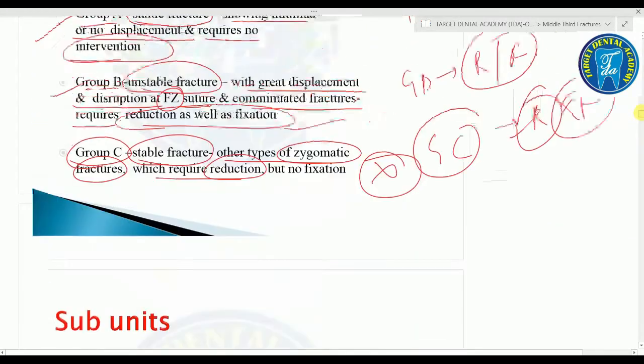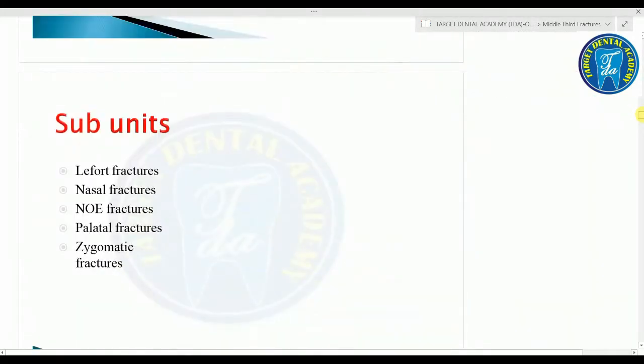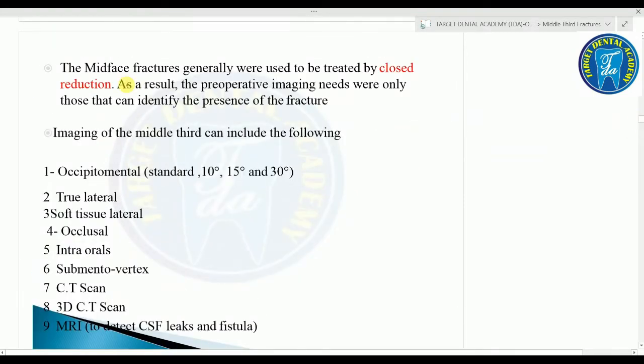Now after this, coming on to subunits, in this we have the Le Fort fractures, the nasal fractures, the NOE, which means the naso-orbital ethmoidal fracture, palatal fracture, and the zygomatic fractures. The mid-face fractures were generally treated by closed reduction, important, all the mid-face fractures. As a result, the preoperative imaging needs were only those that can identify the presence of the fracture.